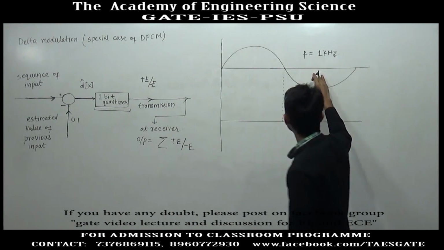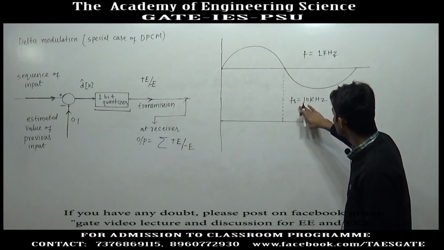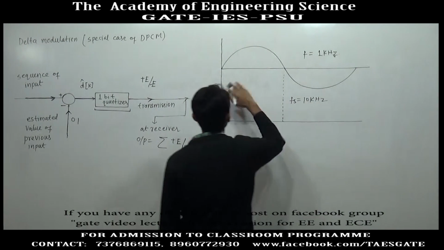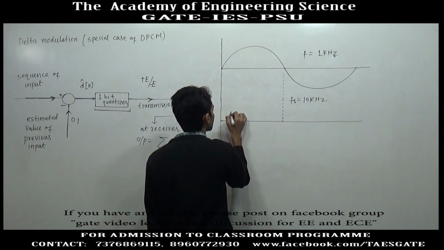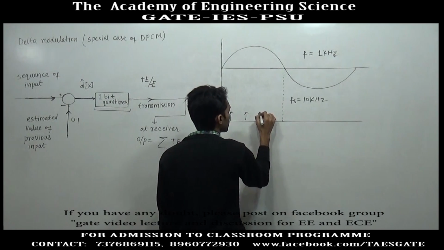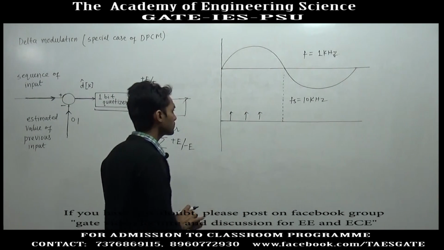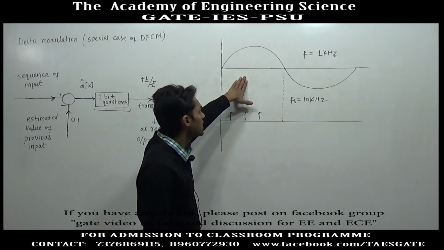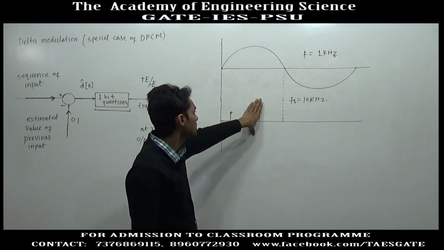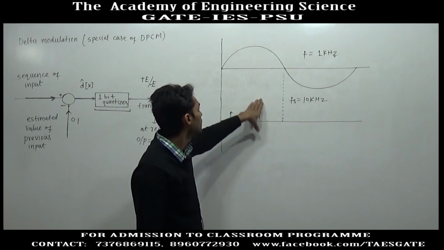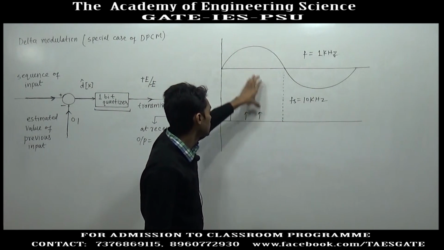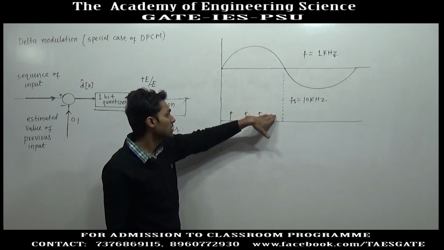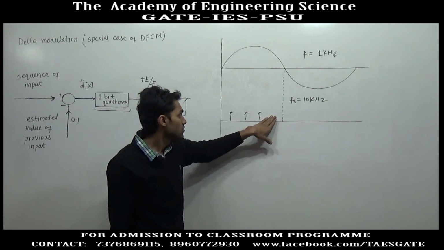So, in one time period of the original signal, for sampling we will multiply it by impulses. The frequency of impulses is 10 kilohertz. So, we can say that in one cycle of the analog signal there will be 10 impulses, and for sampling we have to multiply the analog signal with the impulses.